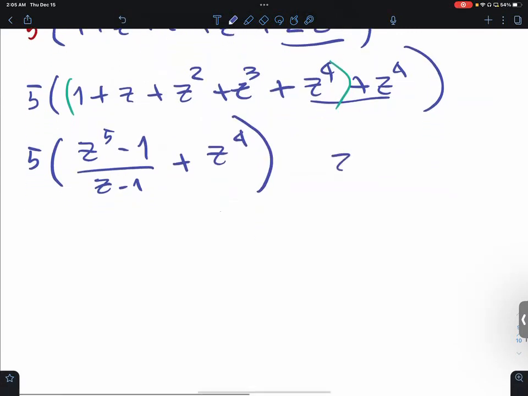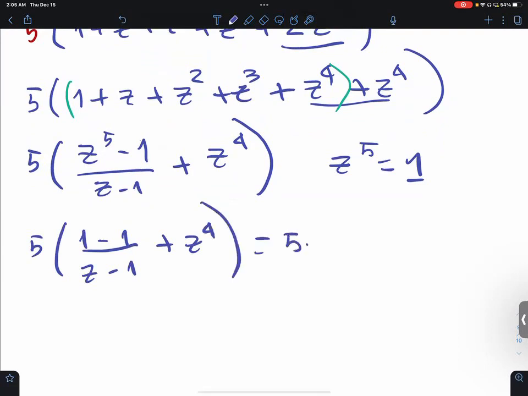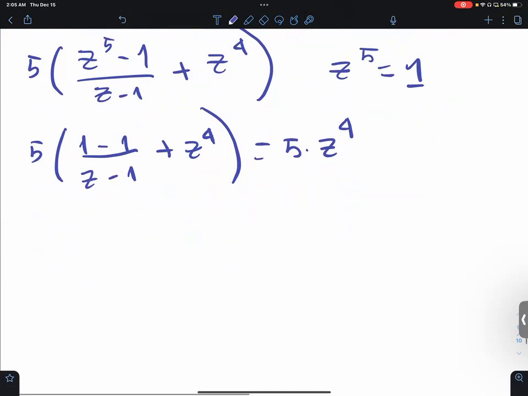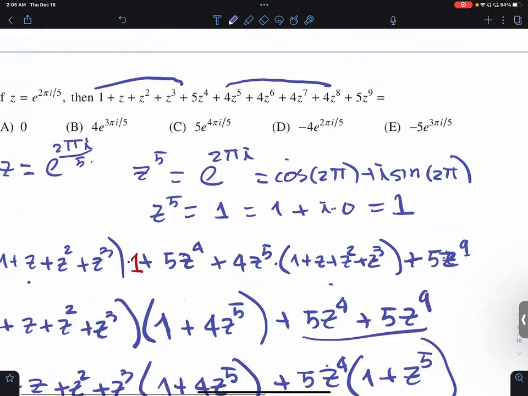But z to the 5th equals 1. Therefore, this is going to be 5 times 1 minus 1, which is 0, over z minus 1, plus z to the 4. But this is going to be 5 times z to the 4. And now we reduce the whole thing: the whole expression equals 5 times z to the 4.